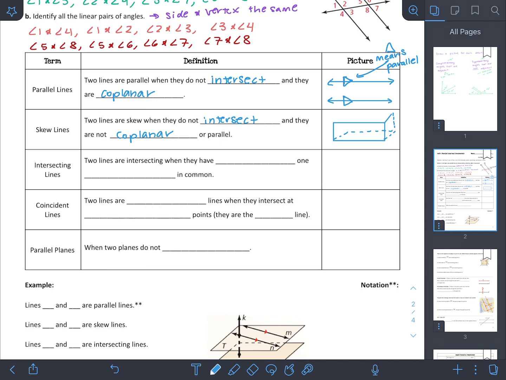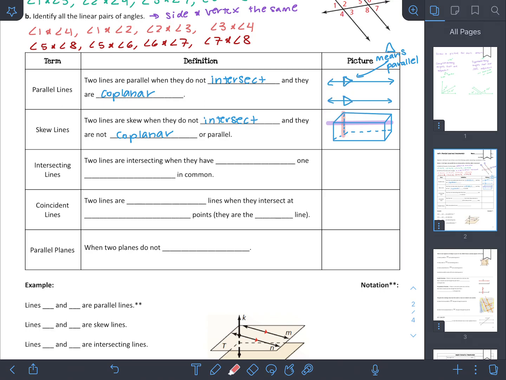So say I had a 3D Kleenex box. The only kind I deal with are 3D ones. Okay, it looks something like this. Again, 3D drawing, I could work on that. Let's make these solid because they're on the outside. Okay, so this is a 3D Kleenex box, right? So skew lines would be like one line going left to right on the front, and then having another line like along the back corner going a different direction.